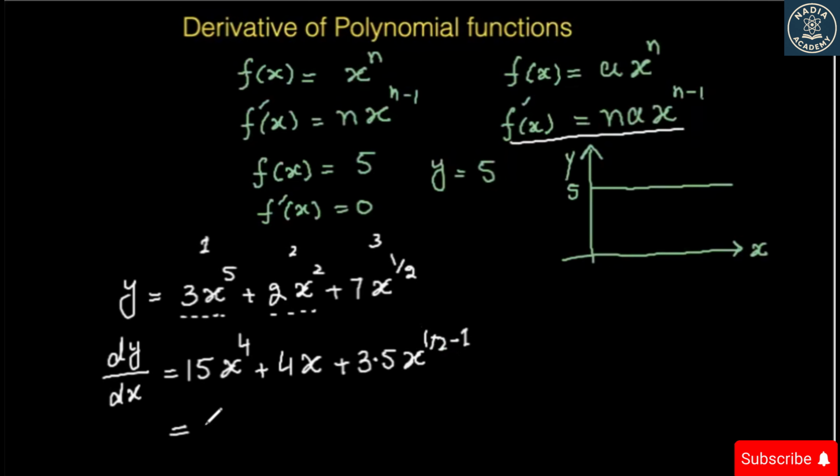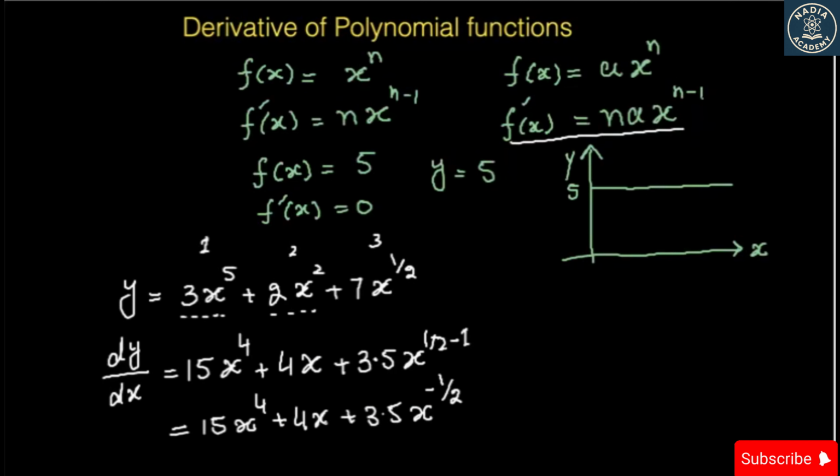So our final answer is 15 times x power 4 plus 4x plus 3.5 times x power half minus 1, which is minus half, so negative 1 over 2. So this is our derivative.